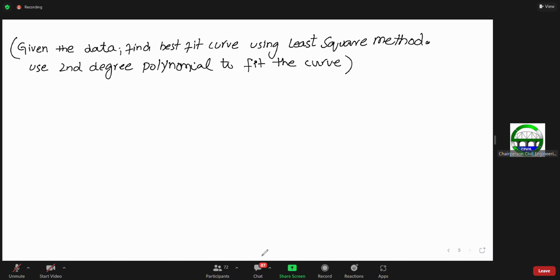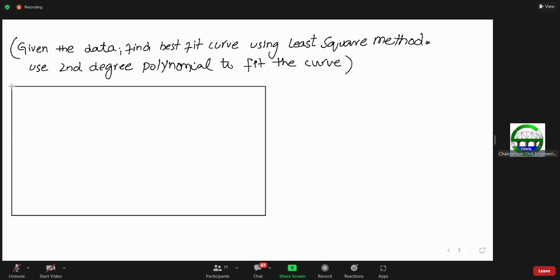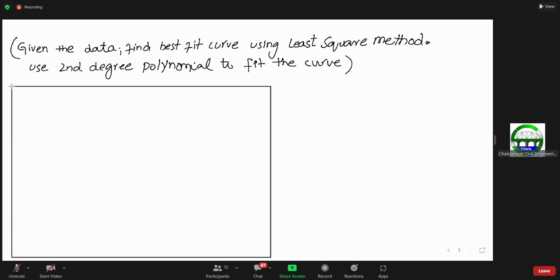Okay, so let's try to solve this one. Again, we will have a table. We will make a table first. Let's make a table in here. Okay, I think this size is okay. And then we draw a line in here.